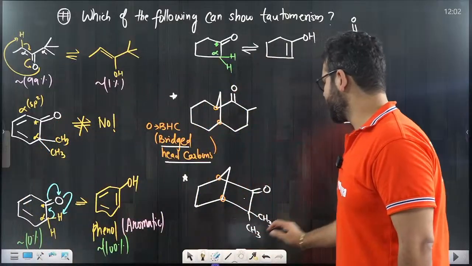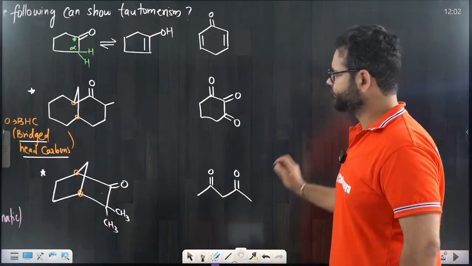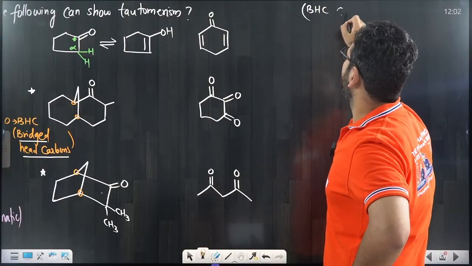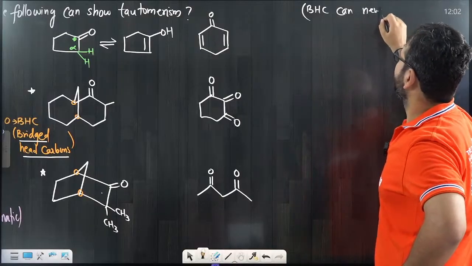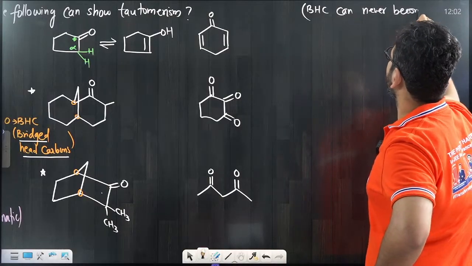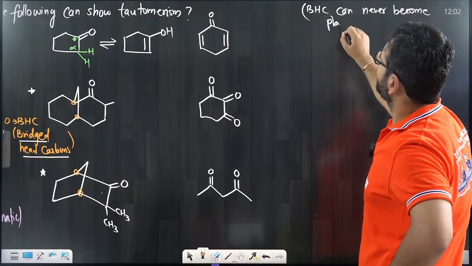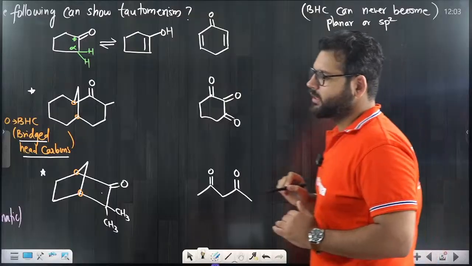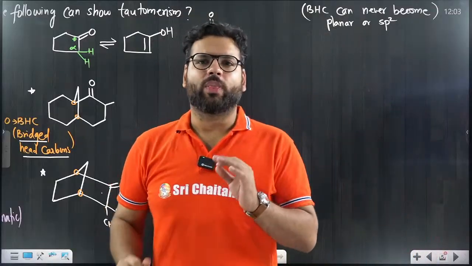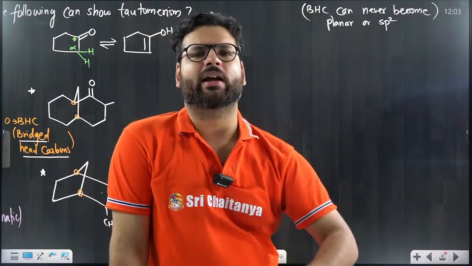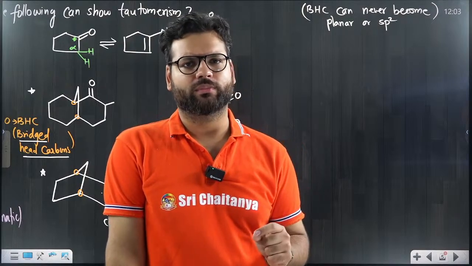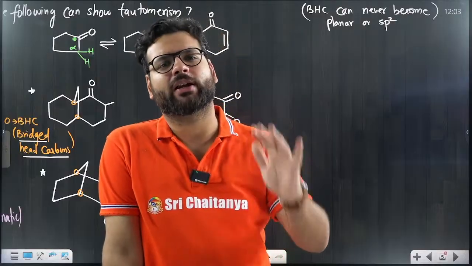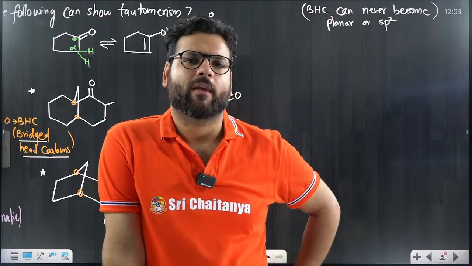So this I am writing somewhere. You can also remember. Bridgehead carbon can never become planar or sp2. That means the hydrogen present on bridgehead carbon can never take part in tautomerism. Why?